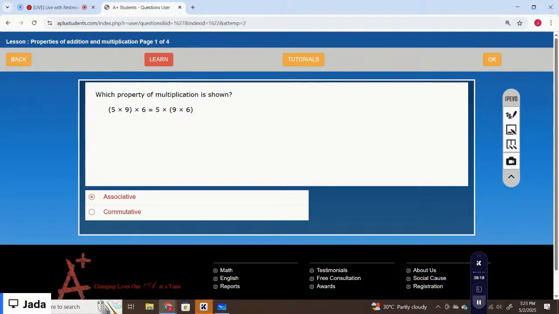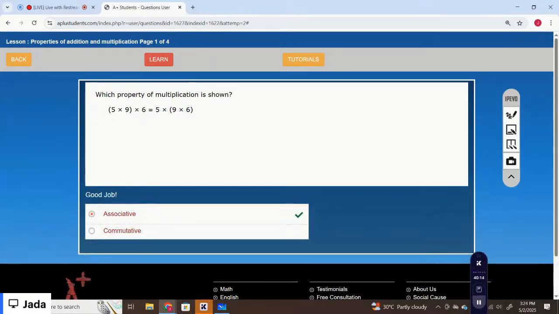Whenever three numbers are involved, the order of multiplication is changed, but the numbers are the same on both sides. That is the associative property. Option number one is the correct option.